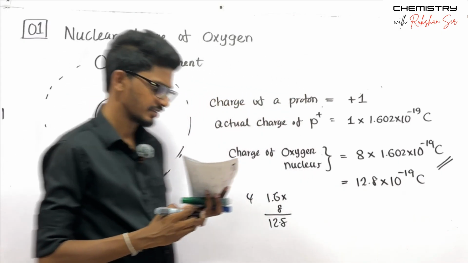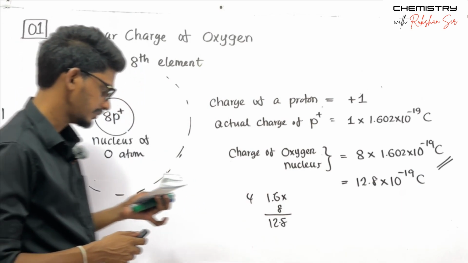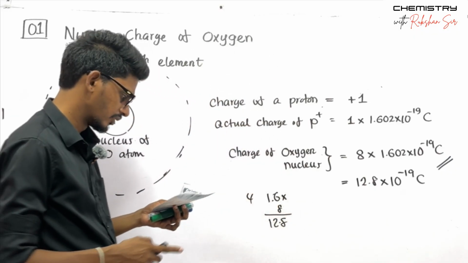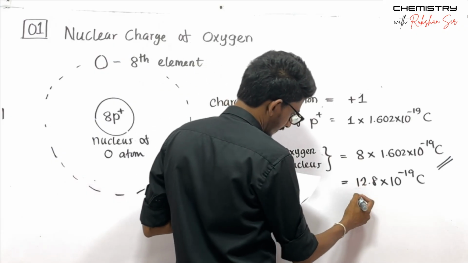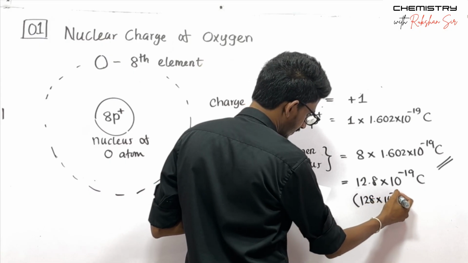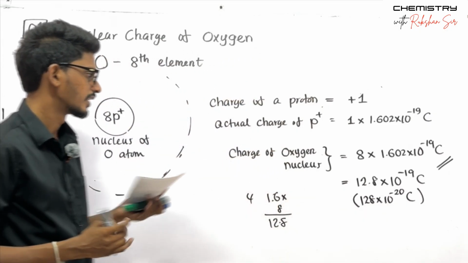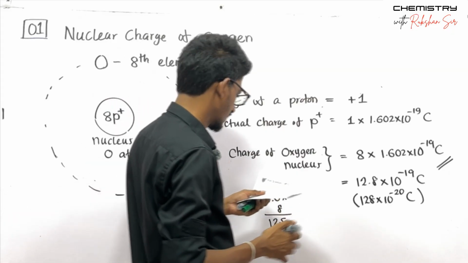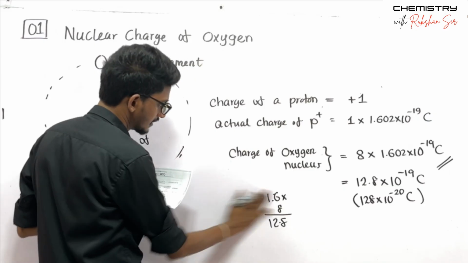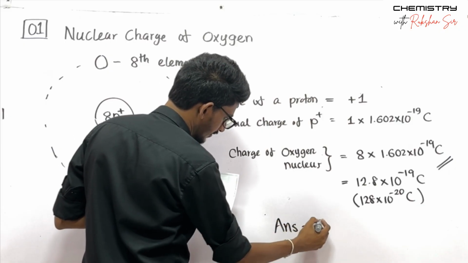Do we have such an answer? If you write it as 128 × 10^-20 coulombs, such an answer is still not there. So the answer is none of the above. We have to take the answer as answer number 5.